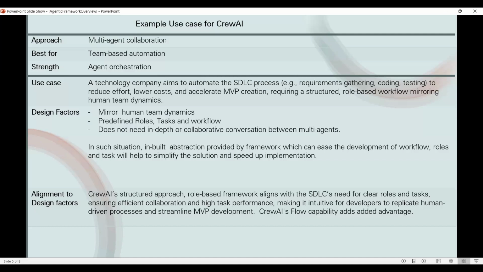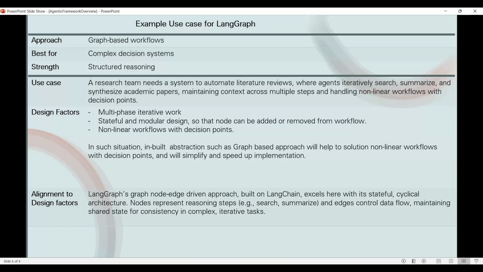And now we'll jump to one more use case, which is on LangGraph. So, a research team needs a system to automate literature reviews where agents iteratively search, summarize, and synthesize academic papers, maintaining context across multiple steps and handling non-linear workflow with decision points.